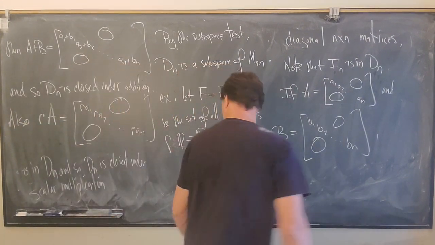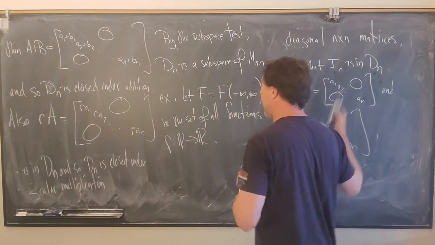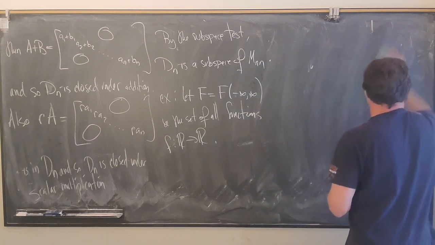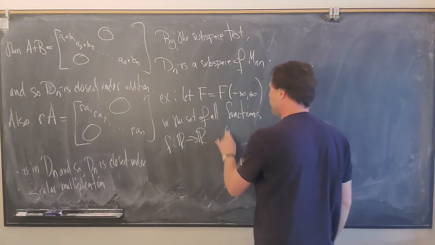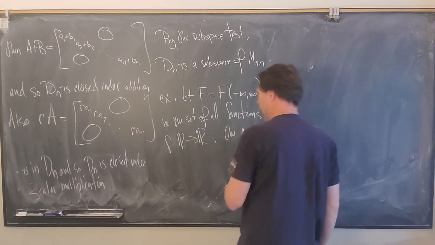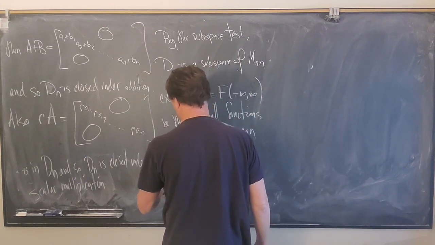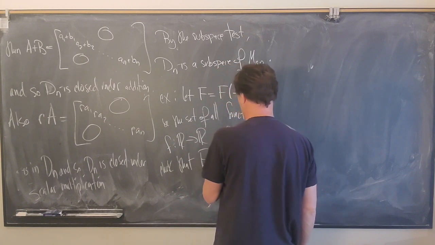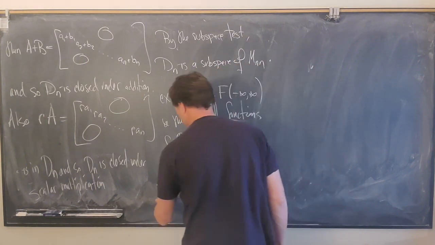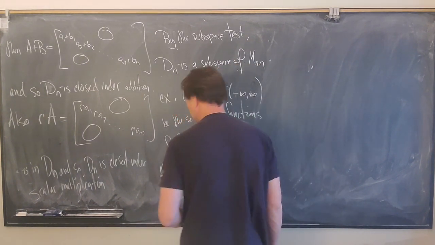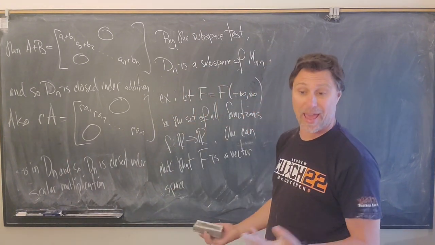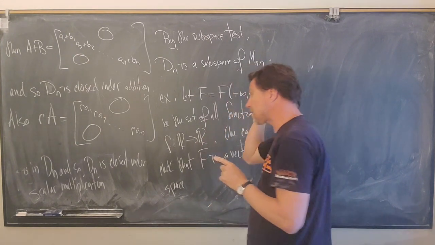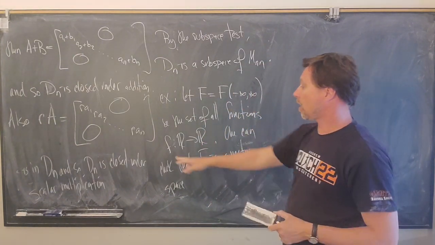Now, it turns out that this set F is a vector space, and I don't want to go through all the details. So we'll just say one can check that capital F is a vector space. Well, when we say it's a vector space, that means we need to specify how to add vectors and how to do scalar multiplication. So now remember, in this case, the vectors are functions, right?